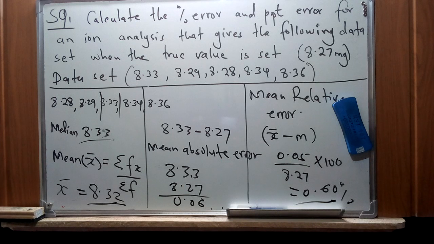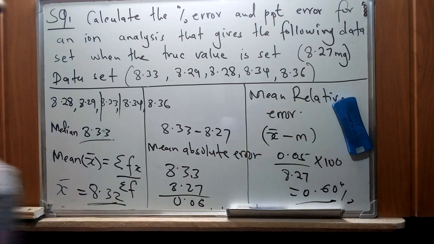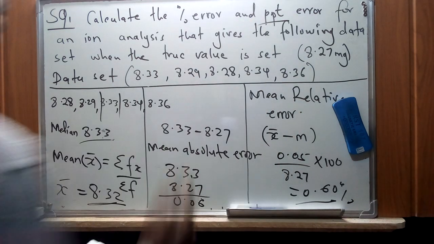So therefore, now that you have described the mean absolute error and the mean relative error in the form of a percentage, we were also required to express this one in terms of parts per thousand.